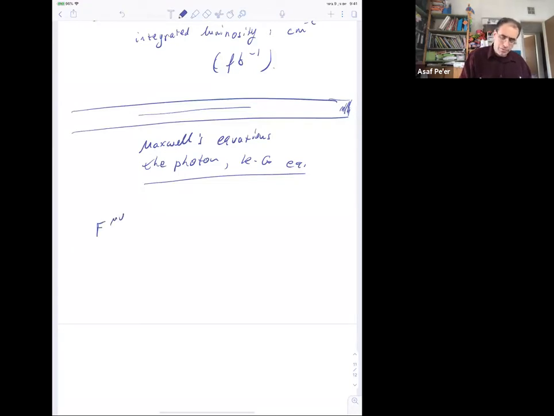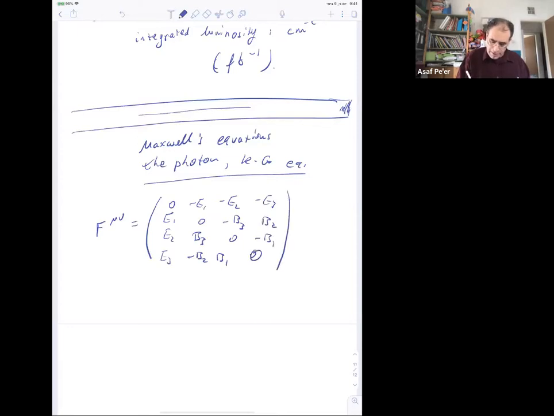So it's F mu nu. The top row is just 0, E1, E2, E3, then minus E1, minus E2, minus E3, with zeros on the diagonal. And then the magnetic part is B3, minus B2, B1, and then minus B3, B2, and minus B1. It's an anti-symmetric tensor, of course.